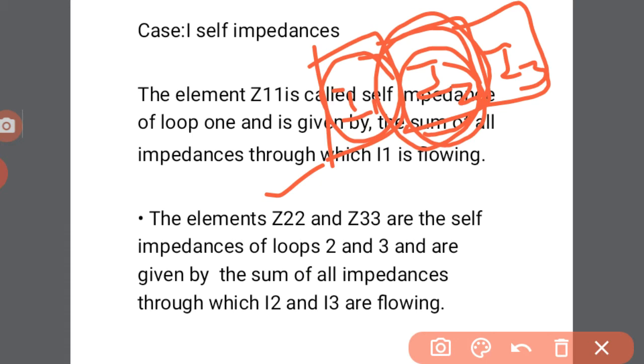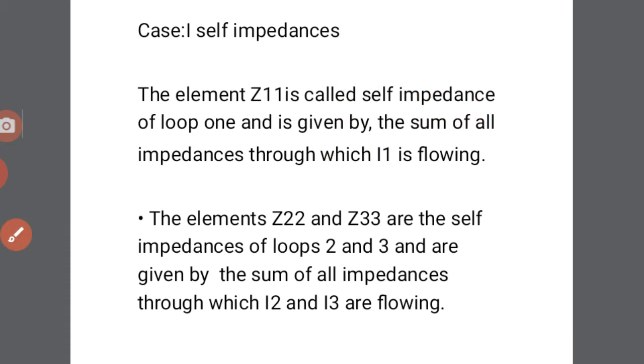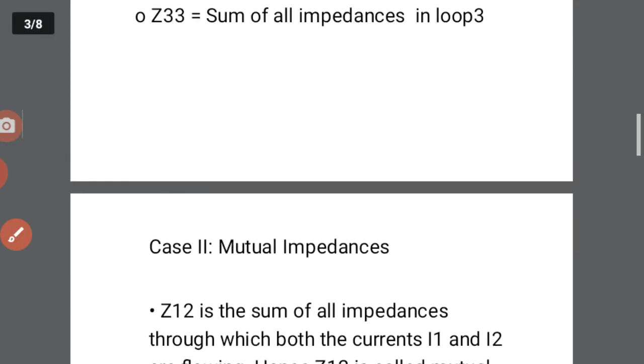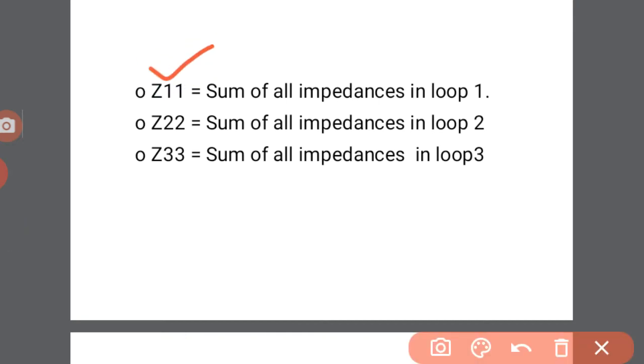At the same time, the current flowing through loop 3 is I3, and the sum of all the impedances it flows through is equal to the self impedance of loop 3. These are the self impedances, that is case 1. These self impedances are Z11, Z22, Z33. That means the sum of all impedances in loop 1, in loop 2 and in loop 3. So these are the self impedances.